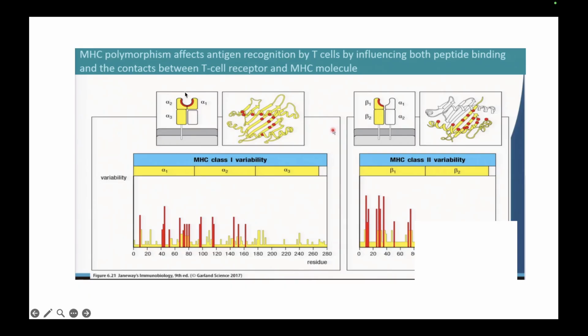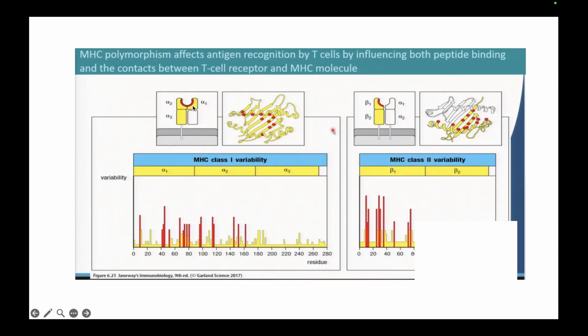MHC polymorphism affects antigen recognition by T cells by influencing both peptide binding and the contact between the T cell receptor and the MHC molecule. This is MHC class 1, and this is MHC class 2.